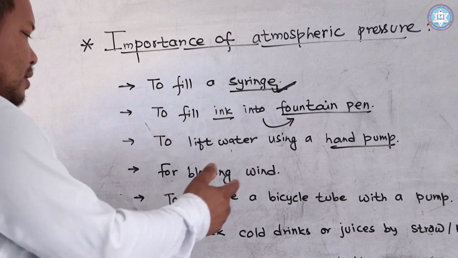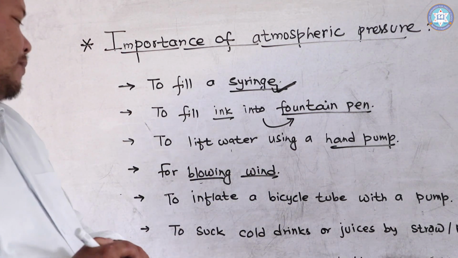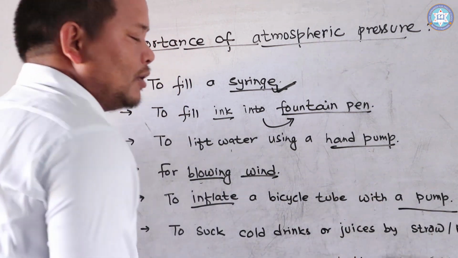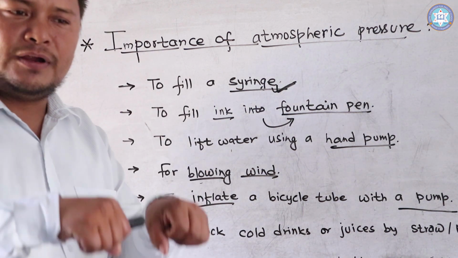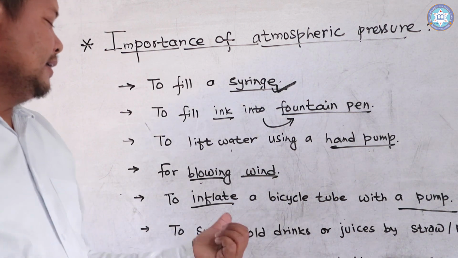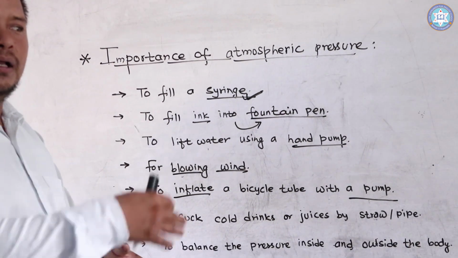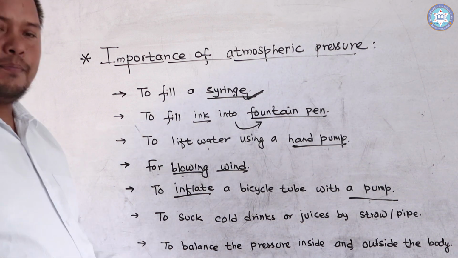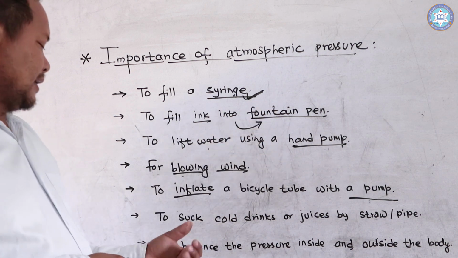So wind is also caused by atmospheric pressure. Next, to inflate a bicycle tube with a pump: while you fill air inside a bicycle tube, volleyball, football, or balloon, what happens? This process is repeated.